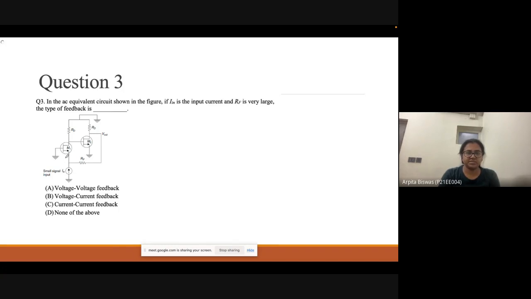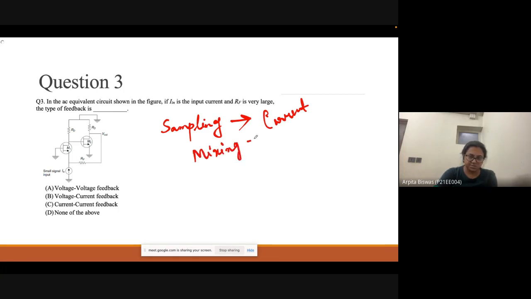So what is the right answer here? See the circuit carefully. Here sampling is happening for the current and also mixing for voltage.